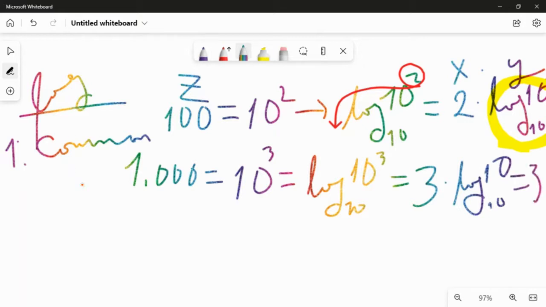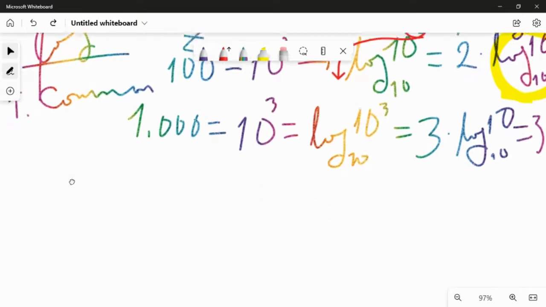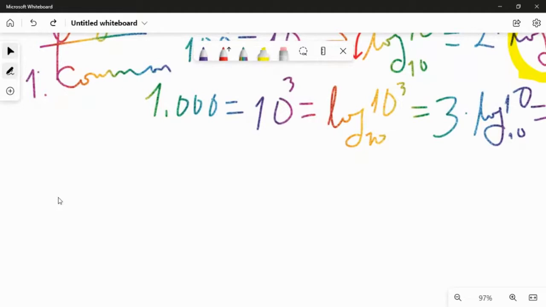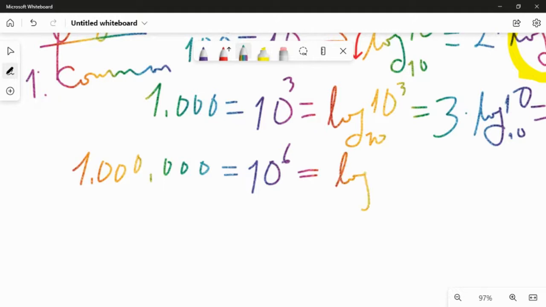And all of the other numbers can be expressed that way. Even try 1 million. It's easy when you are working with only the powers of 10. That's 10 to the 6th power, which will be 6. Even 1 billion.